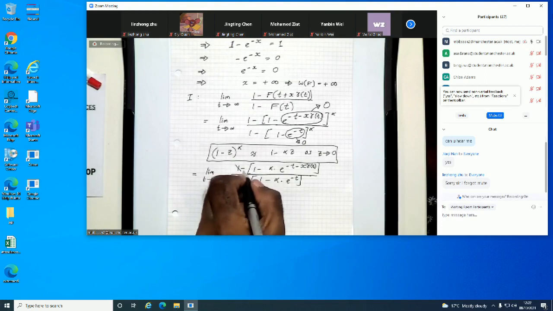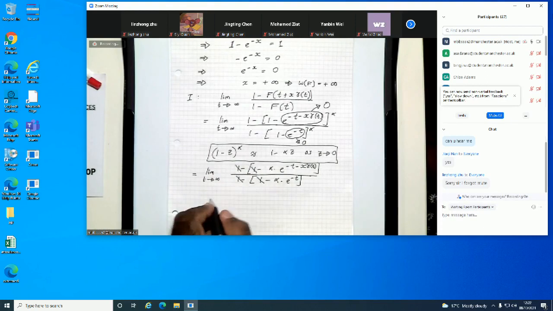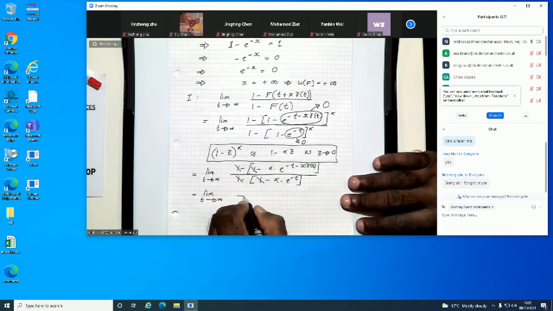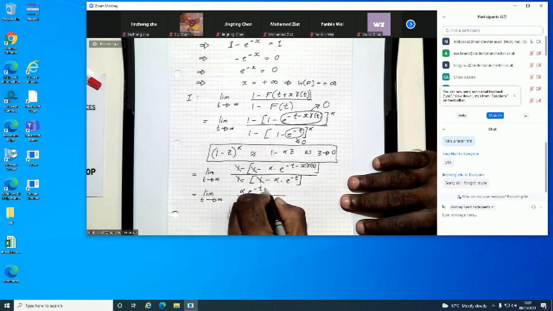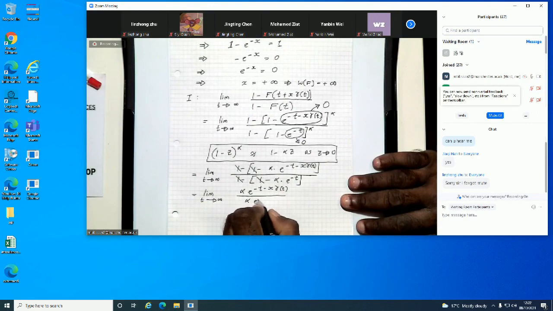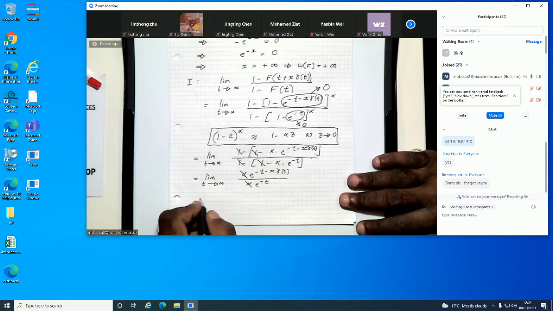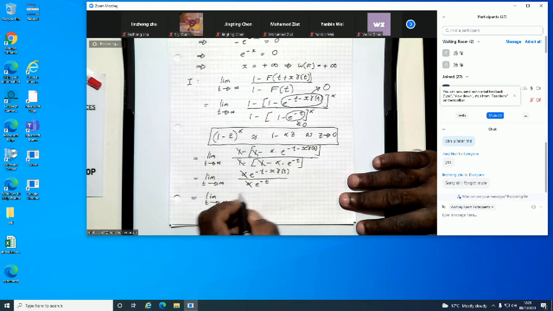Now the 1 and the 1 cancel, the 1 and the 1 cancel, so this is the limit as t approaches infinity of alpha. Okay, now the alpha and the alpha cancel, so this becomes the limit as t goes to infinity of e to the minus x gamma of t.